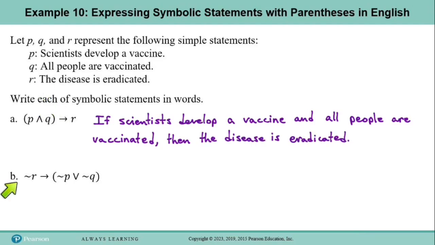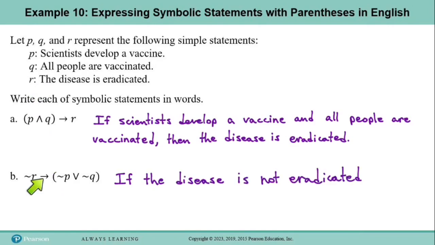And then let's look at part B. So again, we have an if-then statement, and we have this not P or not Q part grouped together. So we'll need to place a comma to show that this part of the statement is grouped together. Now again, because of the if-then statement, we will start with the word if. So if not R, if the disease is not eradicated.